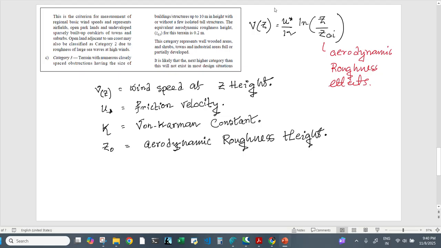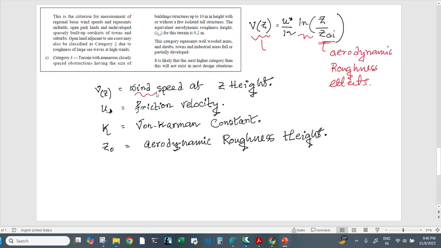So this is the actual calculation of basic wind speed, which we discussed in the last few pages of IS 875 Part 3, 2015.